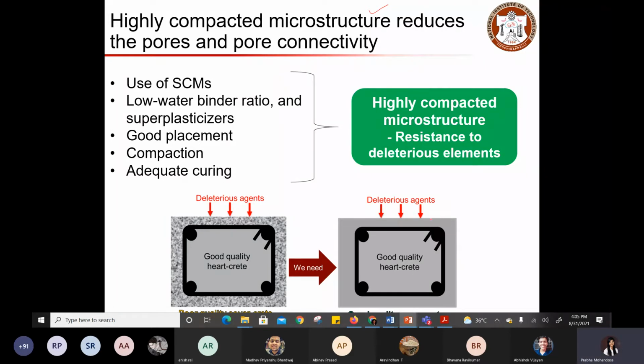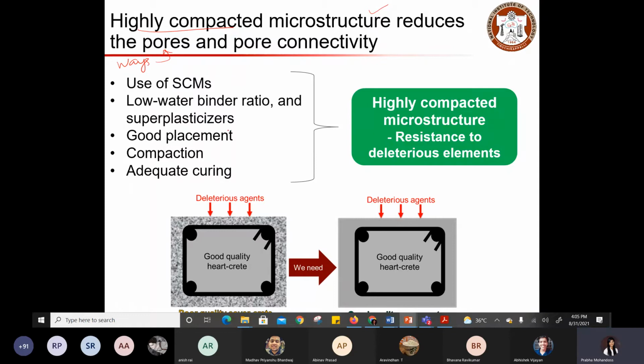So when we talk about good quality concrete, we mainly look at obtaining a highly compacted microstructure and fewer pores and less pore connectivity. And these are some ways to obtain this type of highly compacted structure. You can use SCMs, and you can reduce the water cement ratio. When you reduce the water binder ratio, you may face workability issues.